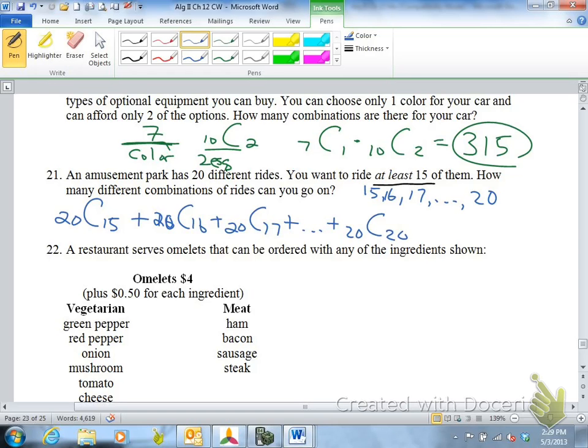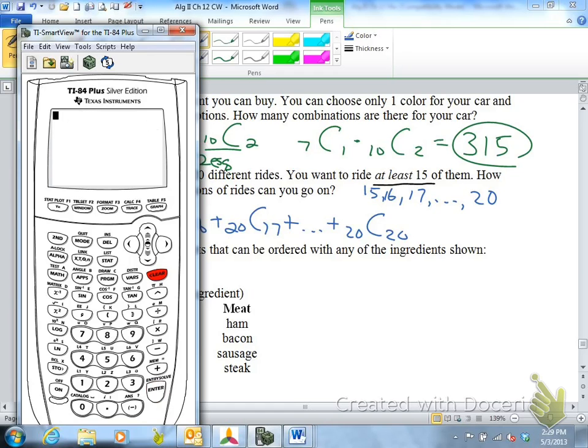Now, a fast way to do this: you could go into your y equals menu, and you could do 20, under math, over to choose. X is our variable. Then when you go to your table, you set your table to start at 15, counting by 1.